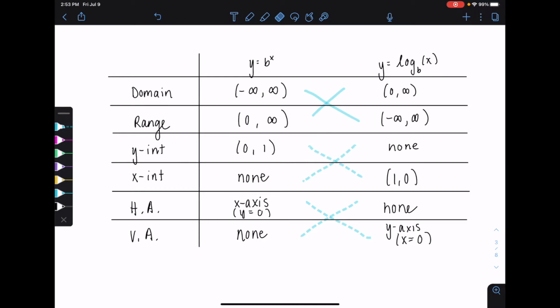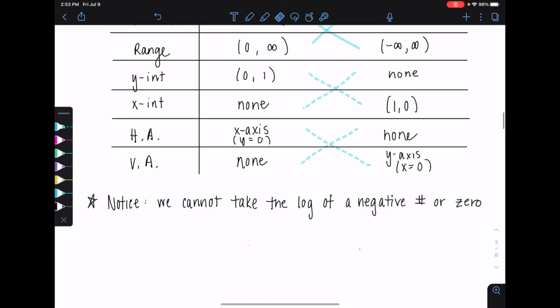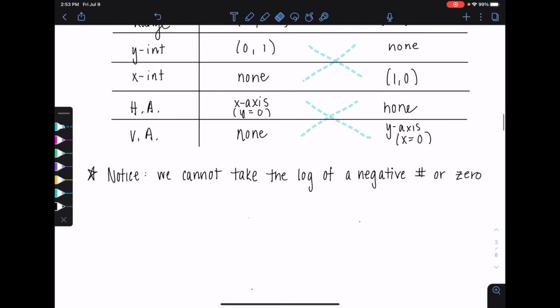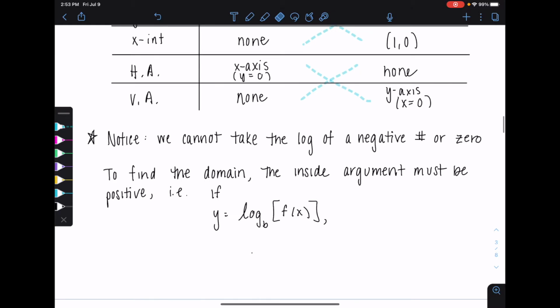Now it's going to be x equals 0, or the y-axis, as our vertical asymptote. So the two things you really want to take away is you cannot take the log of a negative number because that domain is from 0 to infinity. So if I have a function inside my logarithm, to find the domain, you need whatever that inside argument is to be positive. I.e., if I've got a function inside my logarithm, we need that function to be greater than 0.